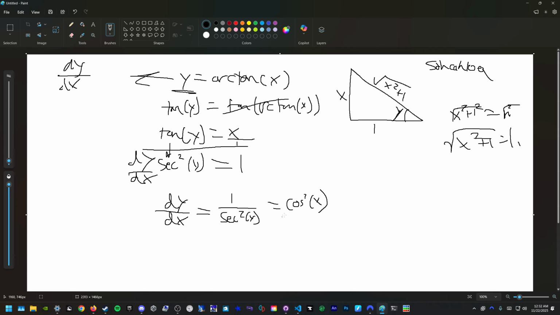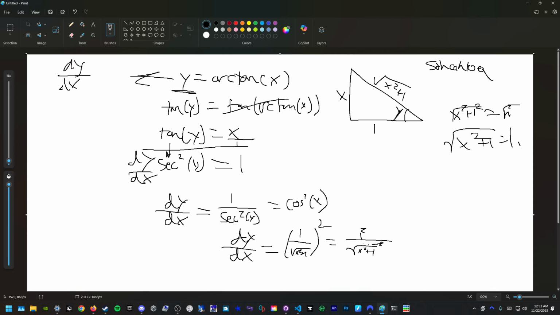If we use SOHCAHTOA again, we can say this is equal to the squared version of adjacent over hypotenuse of y, which in this case the adjacent would be 1, and the hypotenuse would be the square root of x squared plus 1, which gives 1 squared over this thing squared.